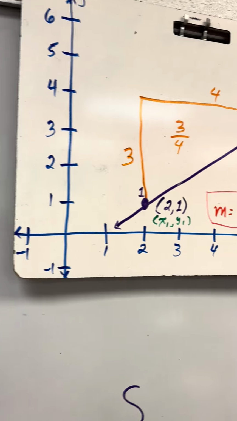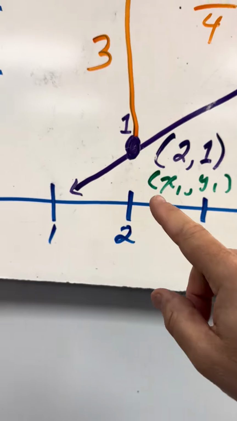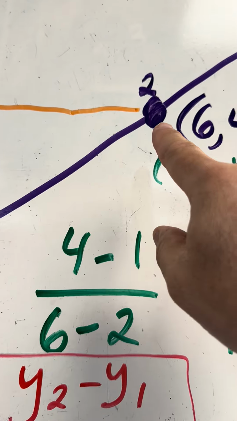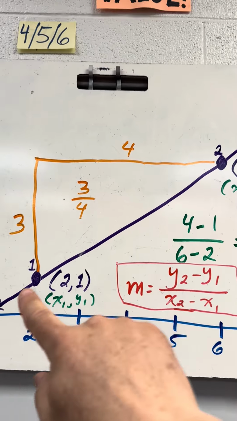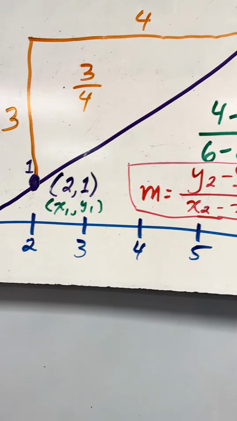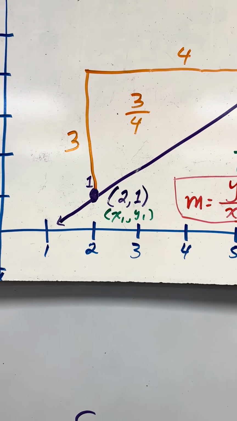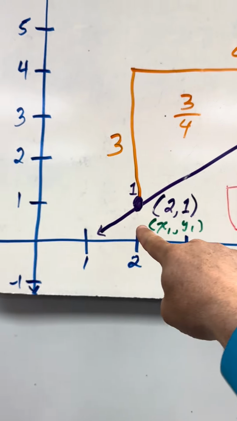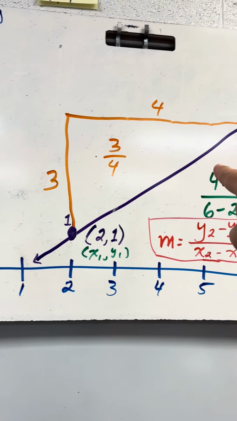So how would I find the slope between this point 1 and point 2 right here? How would I find the slope of this line? It's called rise over run. Rise over run is slope. How do we get from this point here to this point here?